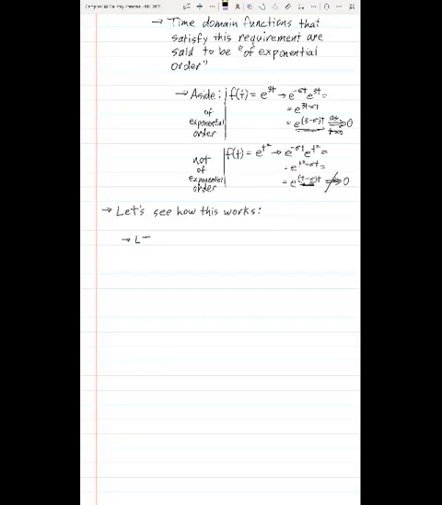So let's go ahead and find the Laplace transform for the derivative of a function.